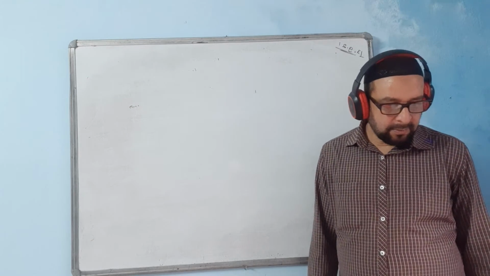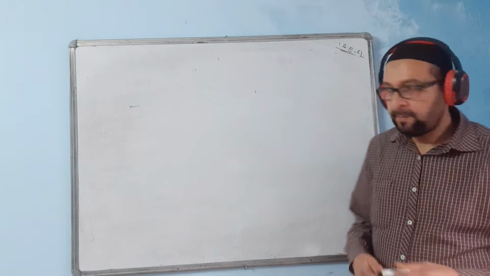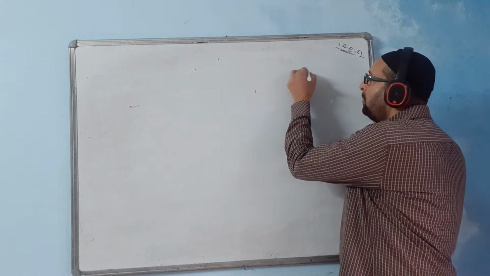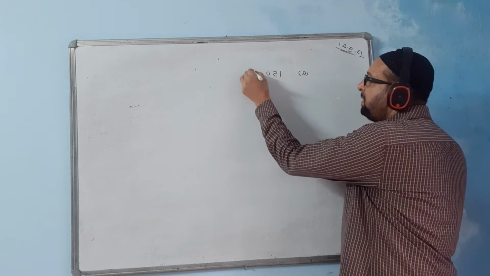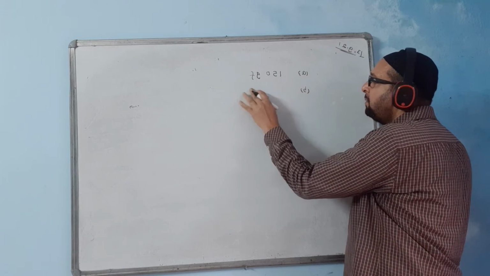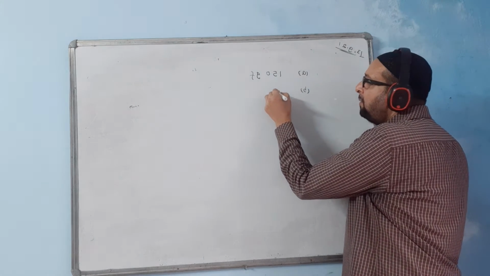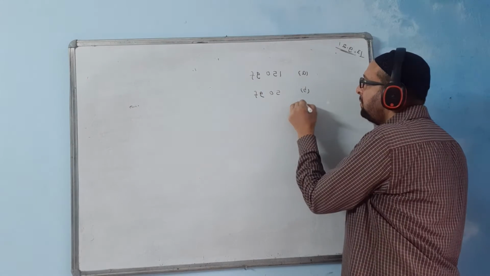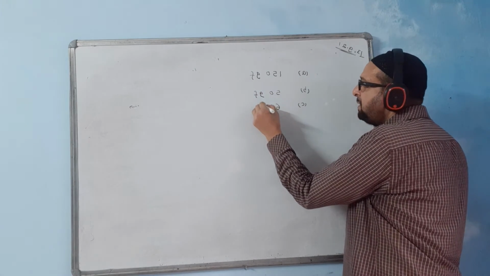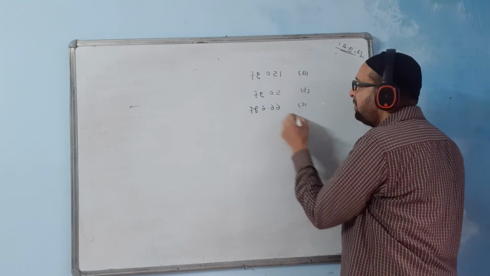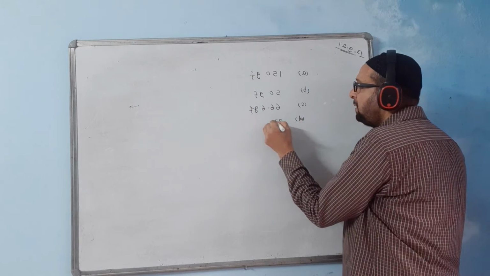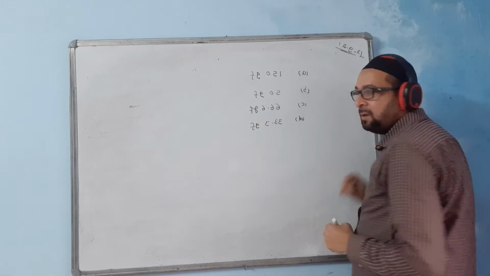Option A, 150 GF. Second option, 50 GF. Third option, 66.6 GF. Fourth option, 33.3 GF. Okay.